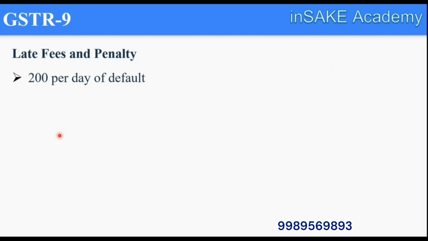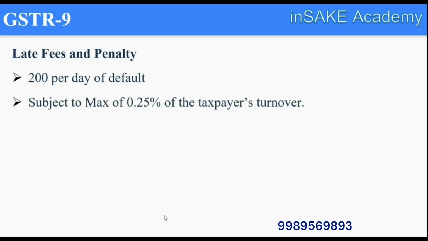But they made a cap on the penalty, that is 0.25% of the taxpayer's turnover. So the penalty will be 200 per day, but it will not be more than 0.25% of the taxpayer's turnover. So that is the GSTR 9 late fee and penalty.